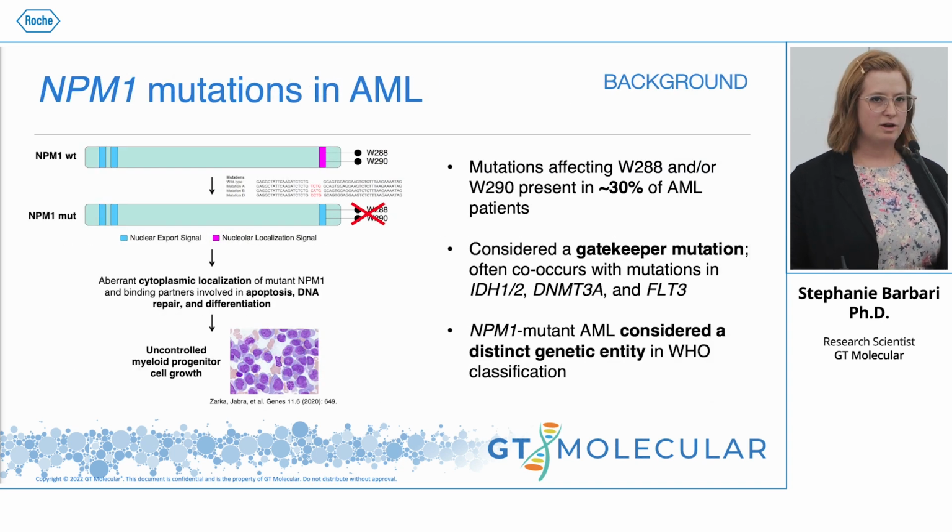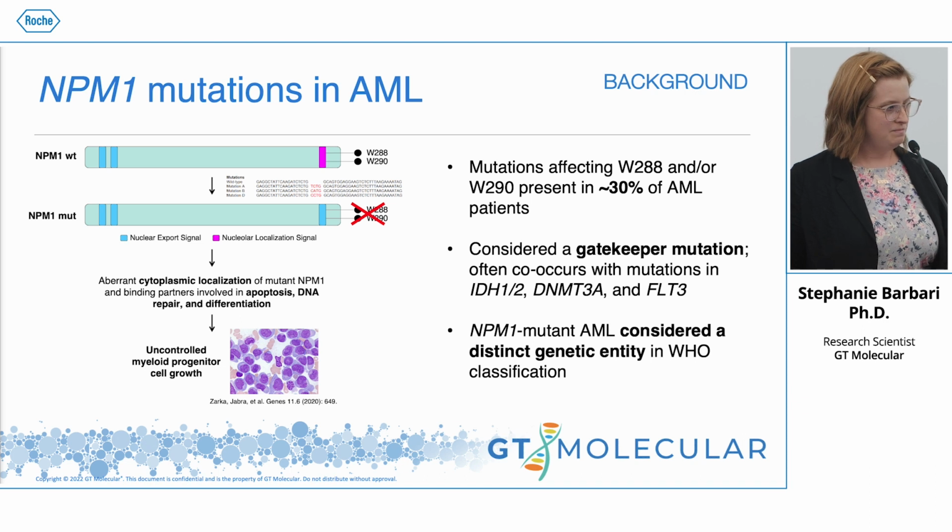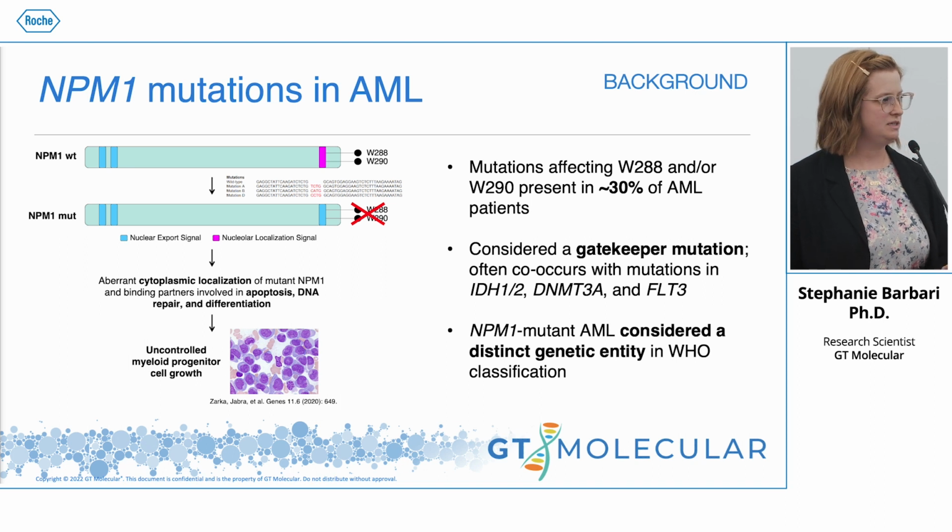So just a little bit of background on these mutations. NPM1 is a ubiquitous nucleus to cytoplasmic shuttling protein. Mutations that occur in NPM1 are typically 4 nucleotide insertions that cause a frame shift in the C-terminal domain, affecting tryptophan residues 288 and 290.